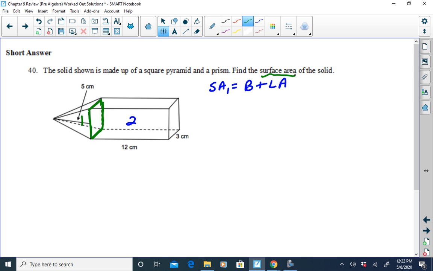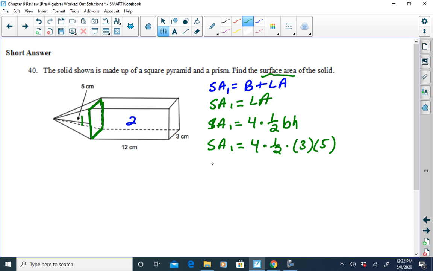It's not part of the surface. It's actually on the inside of the figure. So for surface area 1, we're just talking about the lateral area. We just have 4 triangles that are 1/2 base times height. So surface area 1 is going to be 4 times 1/2. And what are the base and the height? It's going to be 3 and 5.